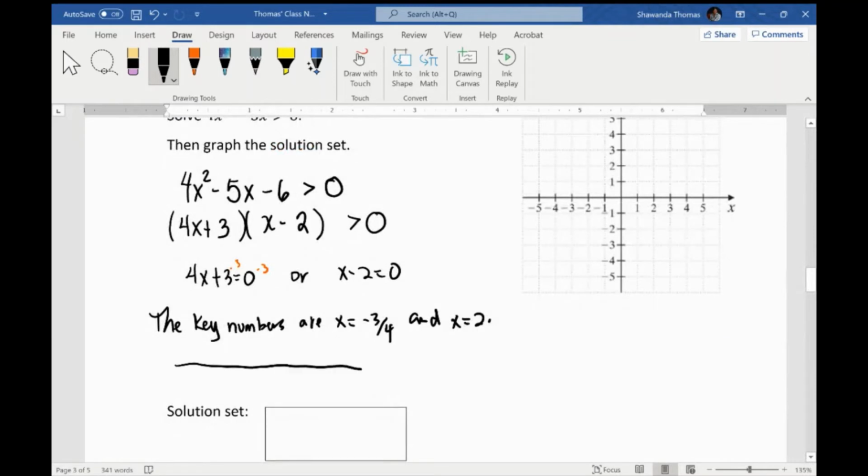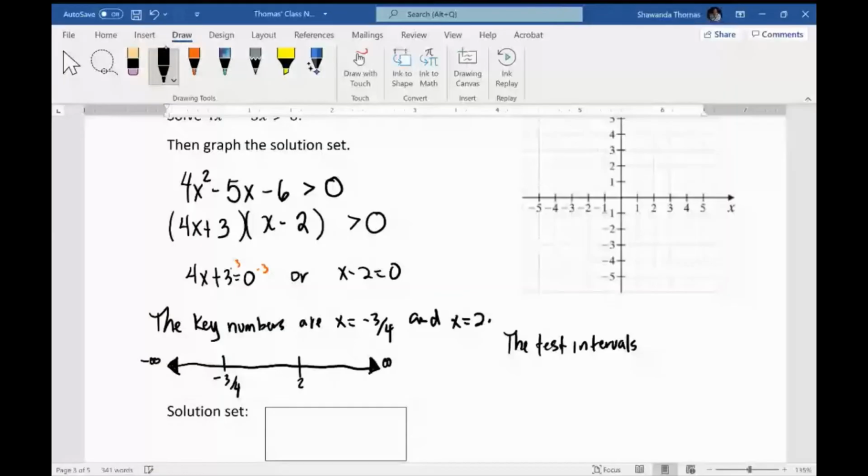So we have negative 3/4, and we have 2, and obviously negative infinity to positive infinity. Can someone explain to me what our test intervals are? Not the answer, what are our test intervals? Negative infinity to negative 3/4, negative 3/4 to 2, and 2 to positive infinity.